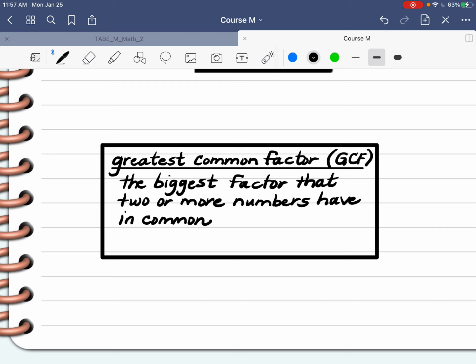Greatest common factor. The biggest factor that two or more numbers have in common.